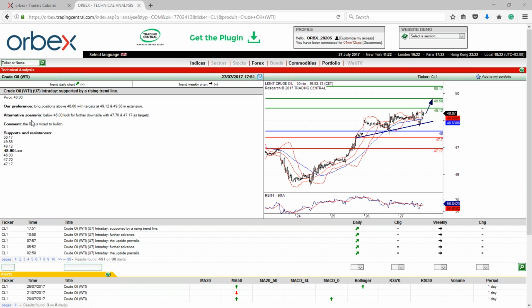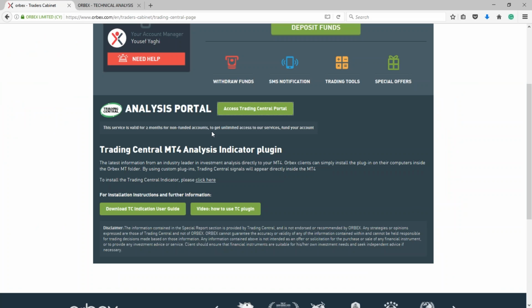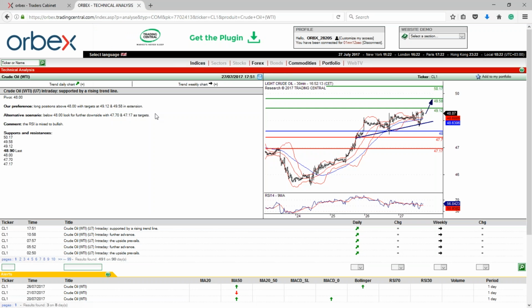Now, another fantastic thing to point out is that not only can you access the analysis and signals via the actual platform through the trading portal, but if you go back to your Traders Cabinet area, you'll notice that you can also download the Trading Central MT4 analysis indicator. And so essentially what you will have on your charts once you've downloaded this indicator is each of these updates.